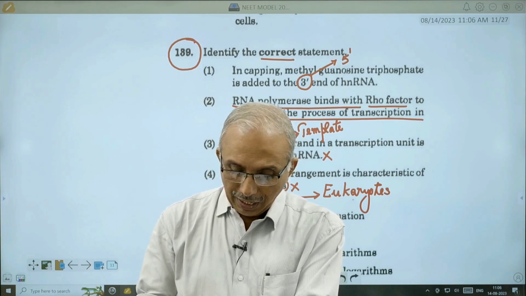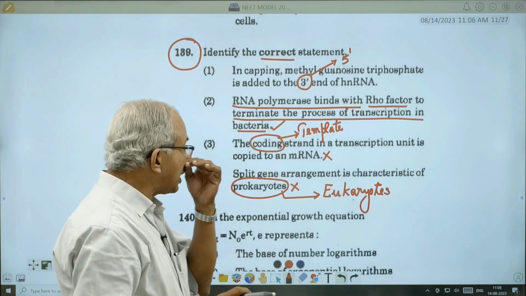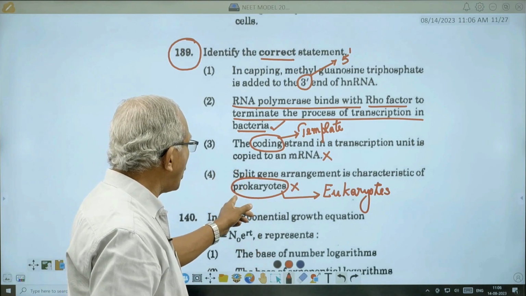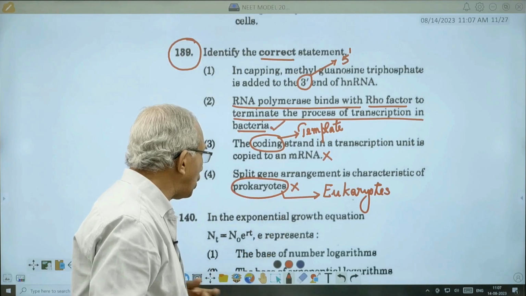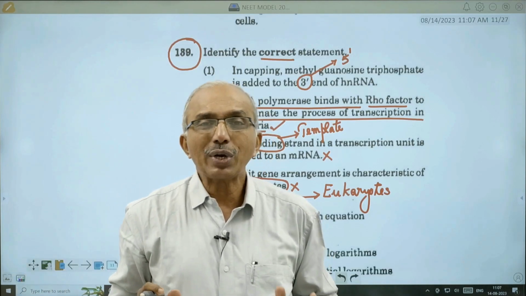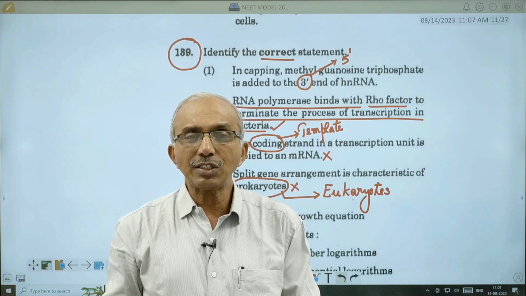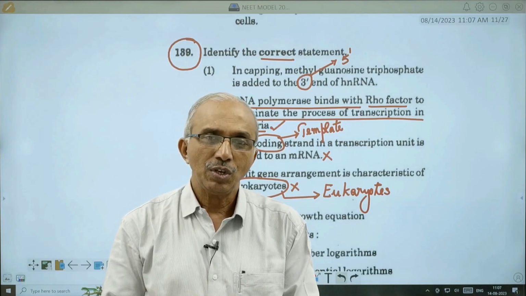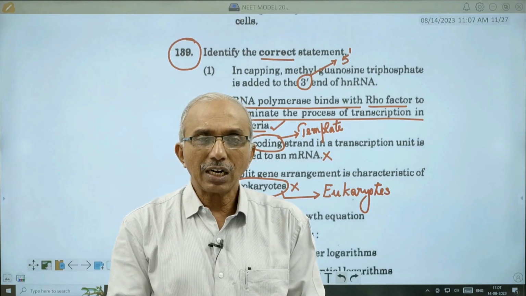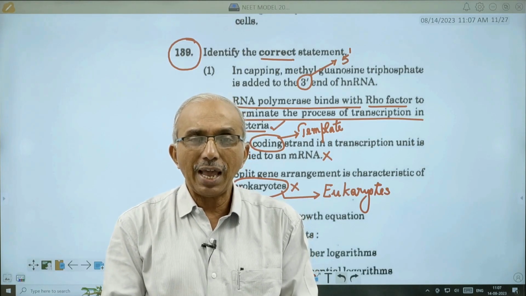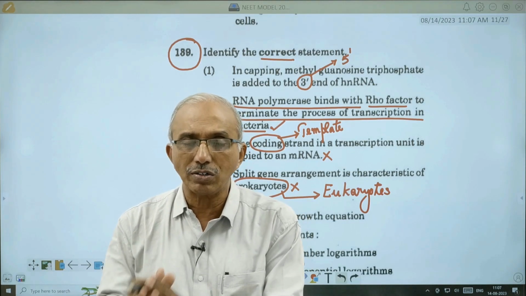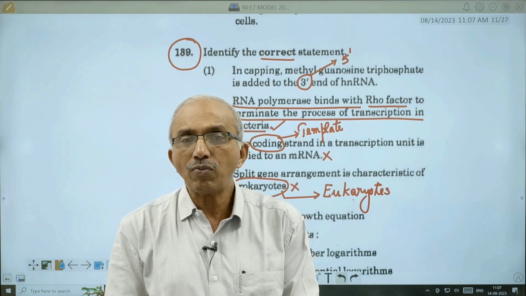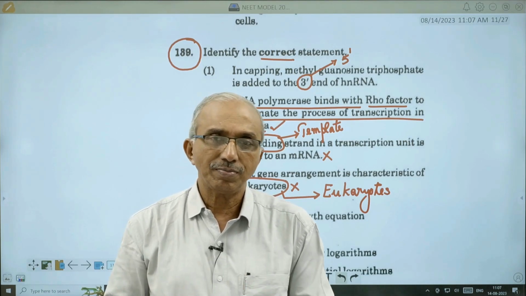Split genes are not in prokaryotes but in eukaryotes. A eukaryotic gene consists of both exons and introns, but a prokaryotic gene consists of only exons.